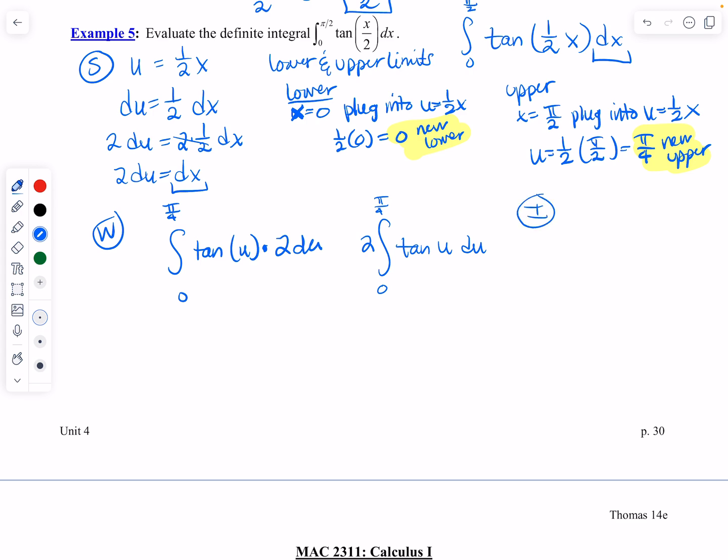So the integration of tangent is ln cosine u. And I'm taking this from 0 to pi over 4. Okay?